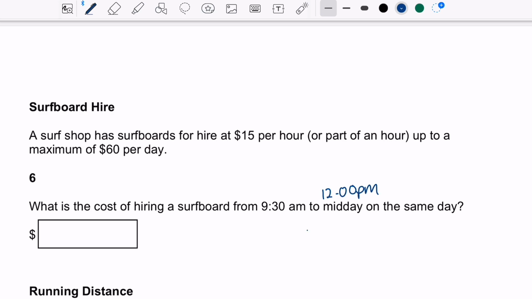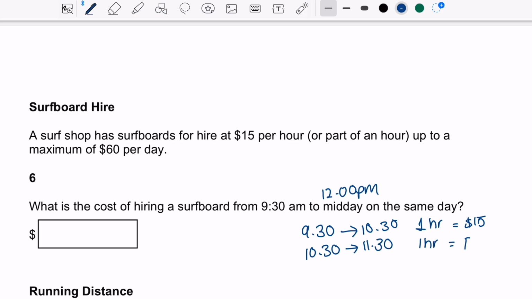Alright, so 9:30 to 10:30 is 1 hour, which is going to cost you $15. Then I've got 10:30 to 11:30 is 1 hour, which is also going to cost $15.